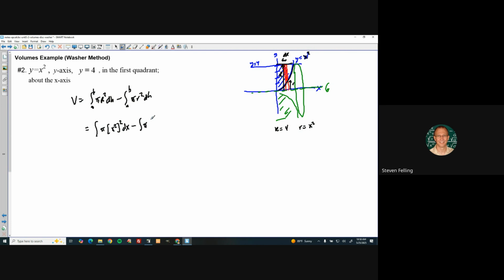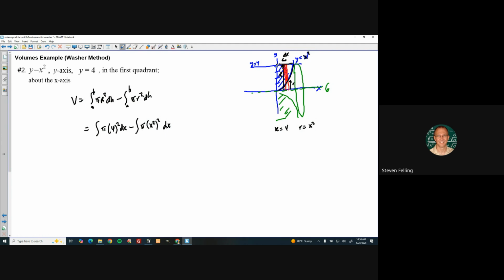Oh, I'm sorry, I made a mistake here. The big R is 4. So the big R is 4, always, being squared, dx. The little r is the one that is x squared, and that's squared because of pi r squared dx. And then we have to cover this in the x direction.